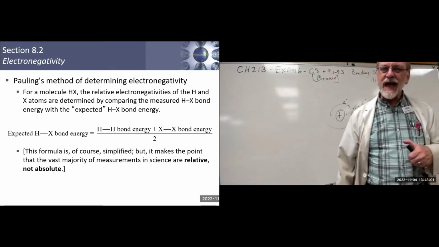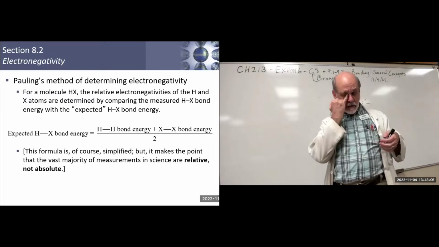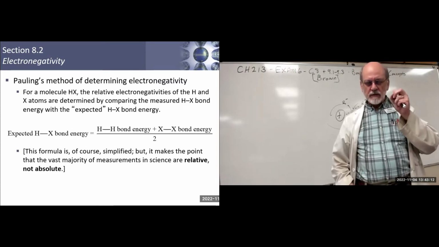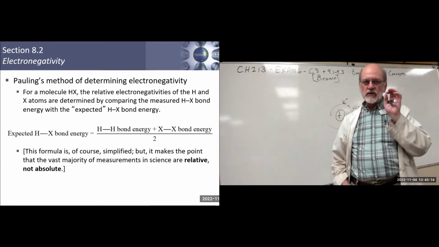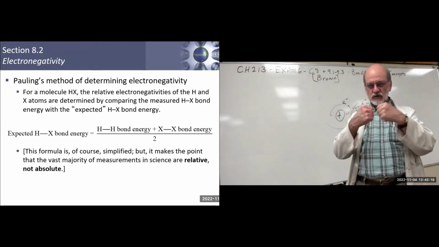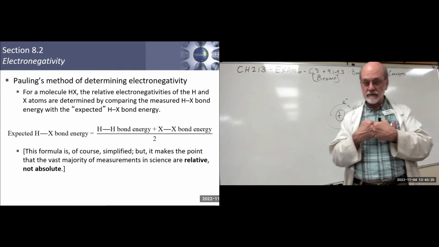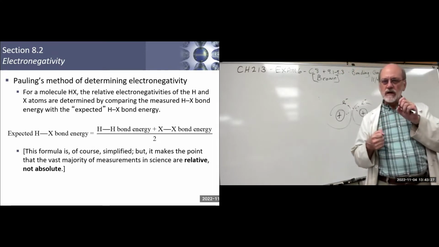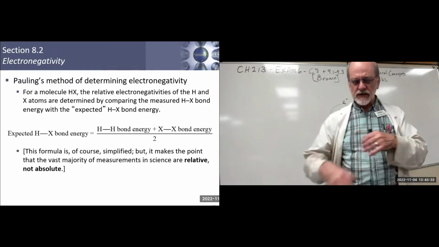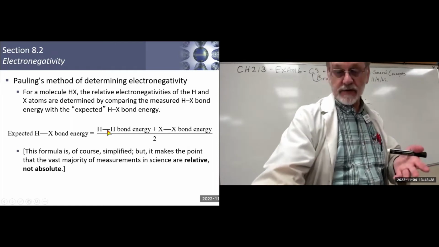Okay, here's the way he calculated his electronegativities. First of all, and it doesn't show it here, you need to measure the energy of the bond between 2 atoms. Actually measure the actual value of that energy. Then you go take the bond energies of the separate atoms bonded to their like neighbors, right?